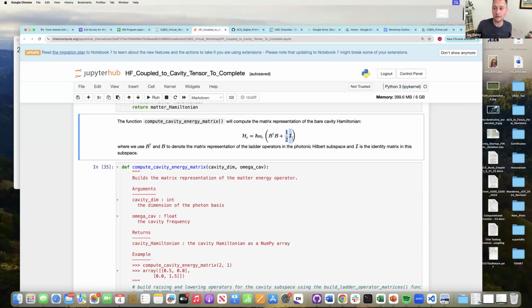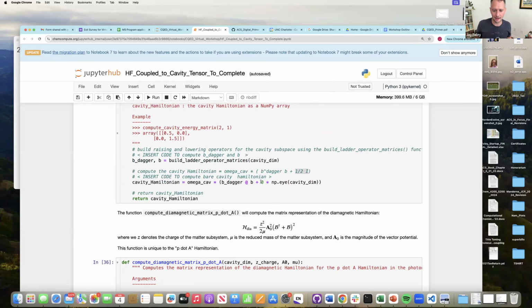So if you want to exclude the zero-point energy, you can remove that identity term, or you can just multiply it by 0, which is what I did. So I just changed the 1/2 times the identity to 0 times the identity.